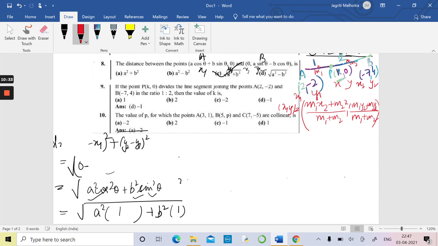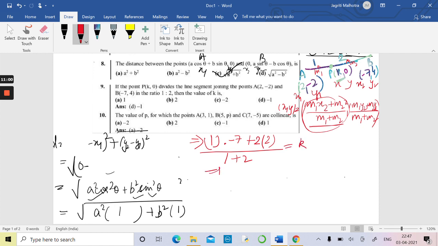Now we have to find the value of k. K here is in the place of x, so that means we have to find the value of this. Now we will be writing all these: m1, which is 1, into x2, that is minus 7, plus m2, that is 2, into x1, which is 2, upon m1 plus m2, which is 1 plus 2, equals k.